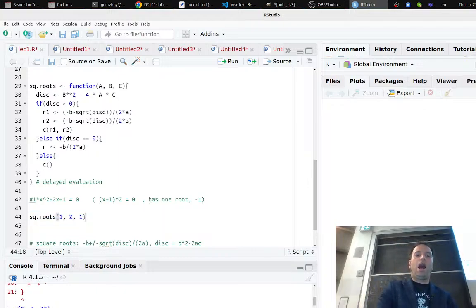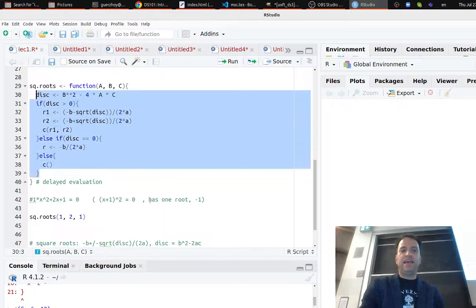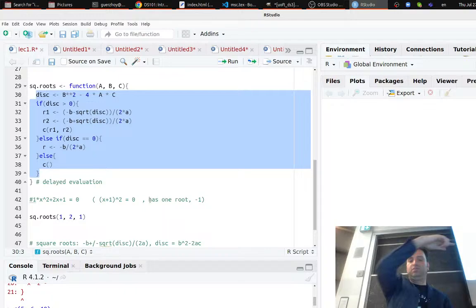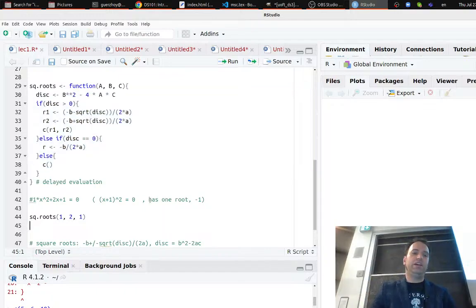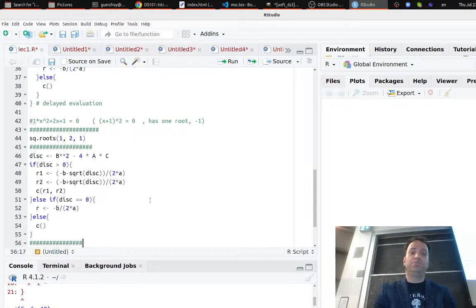So here's how I think about how the computation happens. I'm saying square root 1, 2, 1. That's the same as taking this and substituting 1, 2, 1 into this entire thing. So I'm copying this, and I'm expanding the formula the same way you would in algebra.